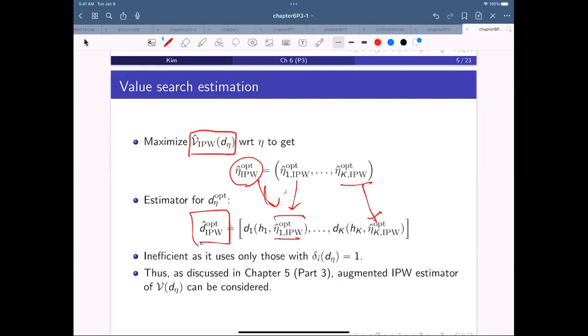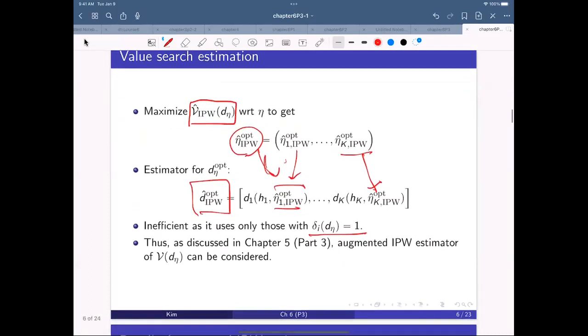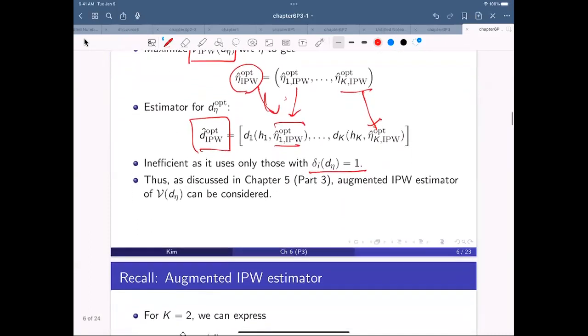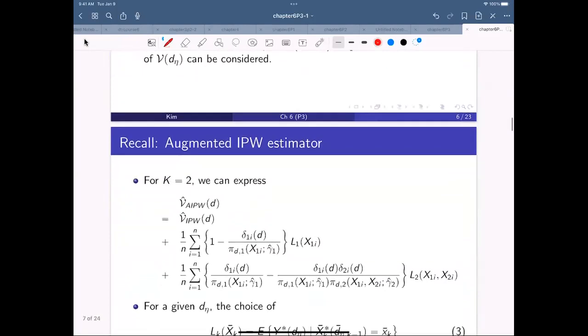But this is inefficient, as it uses only those cases with delta equal to 1. So that is just the beginning, but we need to improve it further using the augmentation idea.